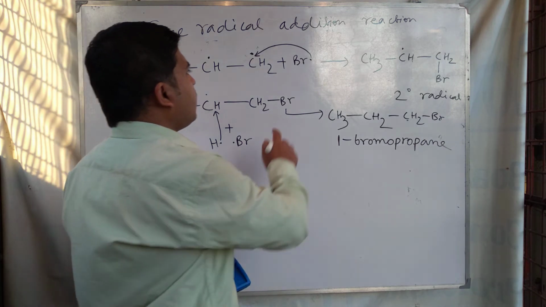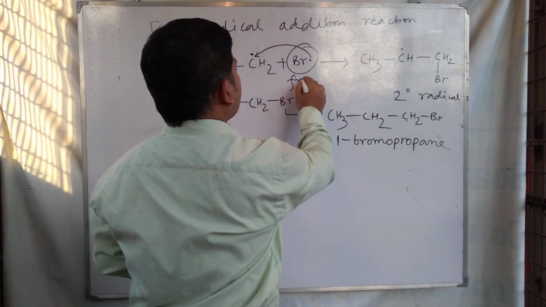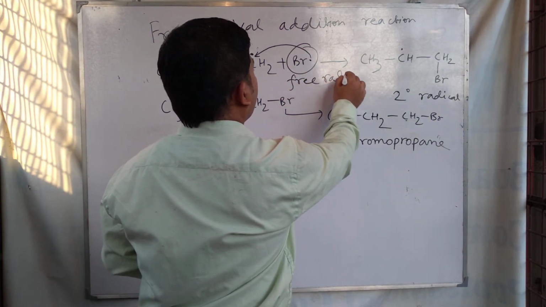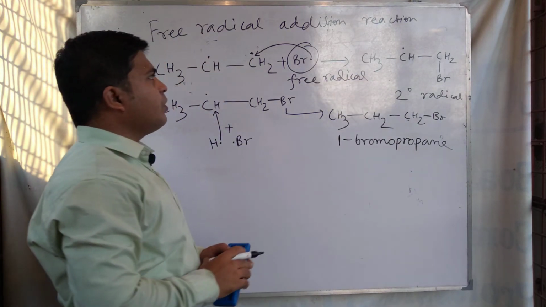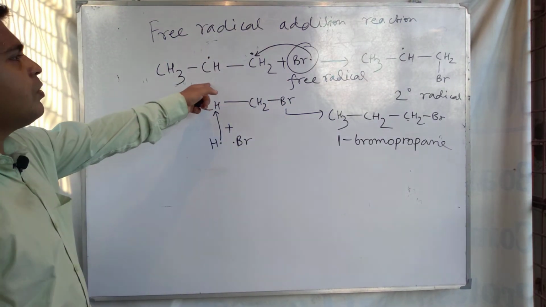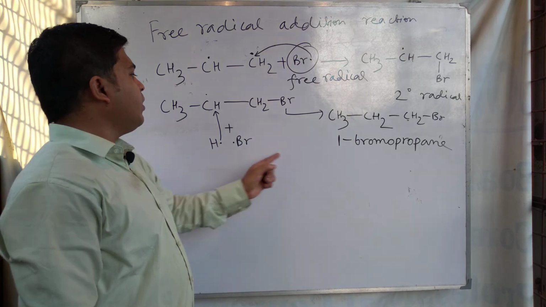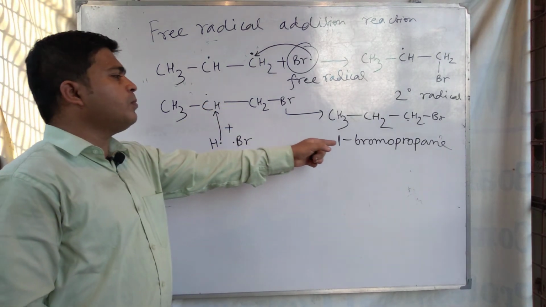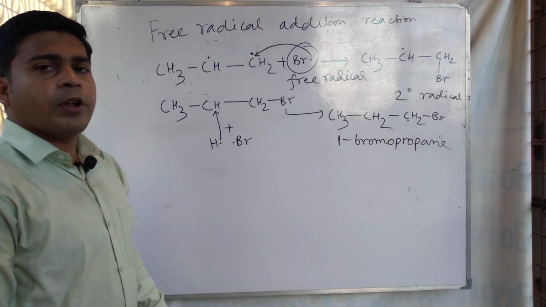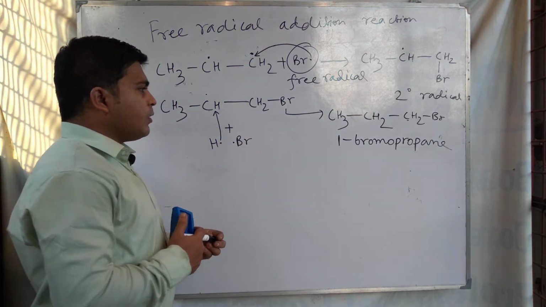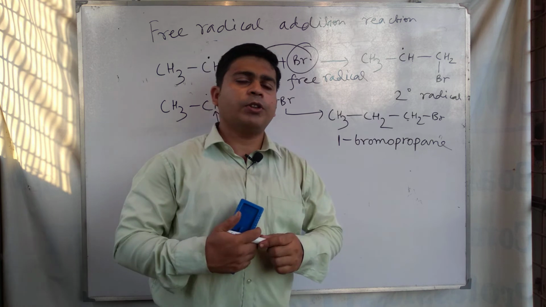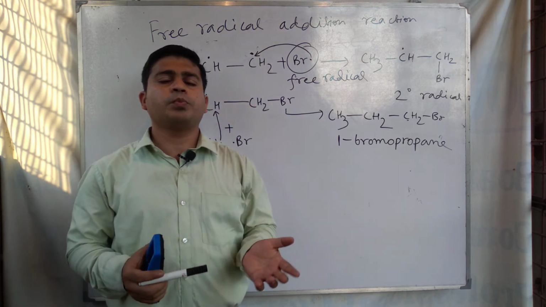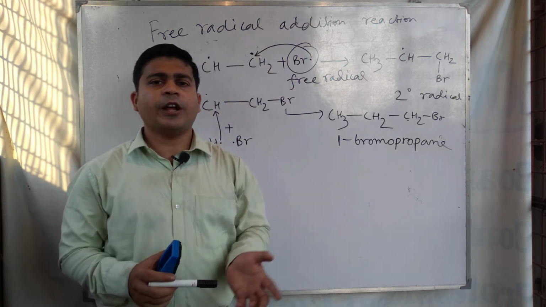Here the bromine dot is the free radical which is added to the alkene system, and after that the H dot is added to the system to form 1-bromopropane. So this is the total discussion about the kinds of addition reaction in organic chemistry.